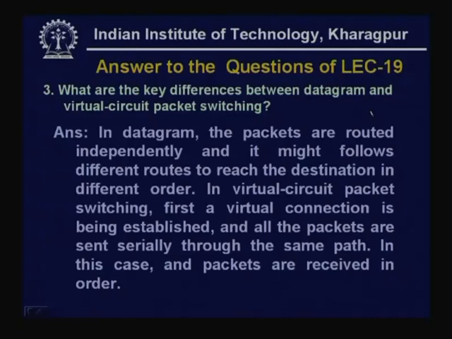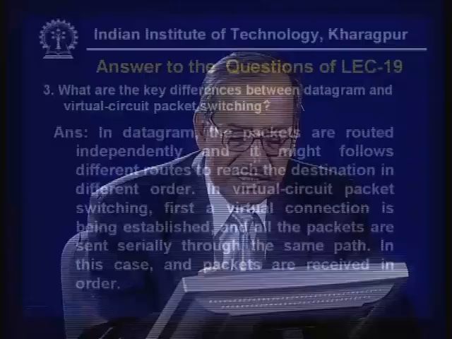The third question was, what are the key differences between datagram and virtual circuit packet switching? One point that I would like to make is that both datagram and virtual circuit packet switching are based on the store and forward approach. However, there is a difference between the two.